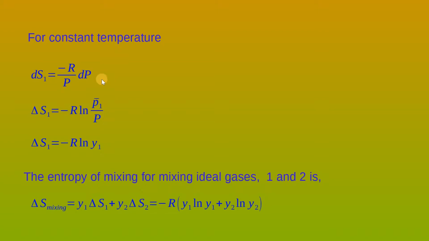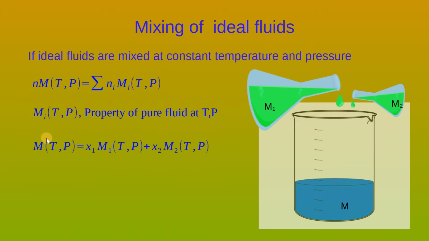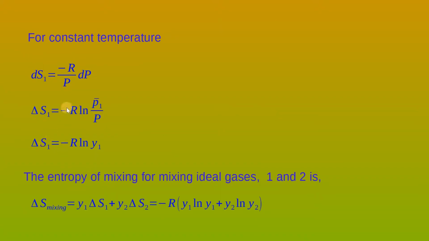And for an ideal gas too. Now the change in entropy, dS1, is going to be equal to minus R ln partial pressure of 1 at temperature T divided by the pressure of the mixture.